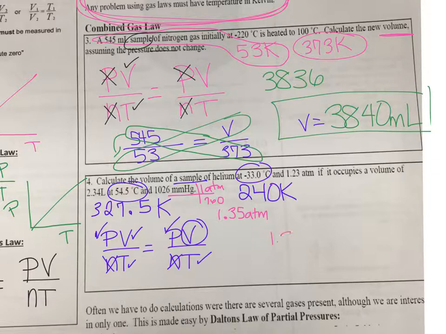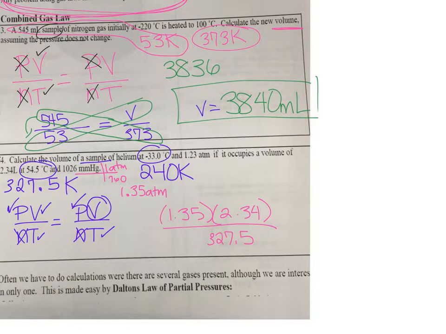I have 1.35 times the 2.34 liters all over 327.5. Uh-oh, I think I'm going to run out of room. All right. And then is equal to 1.23 times my other volume all over 240.